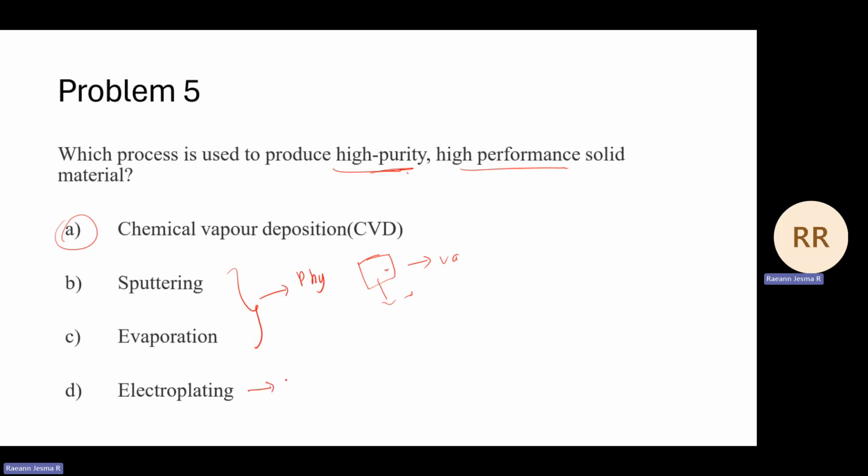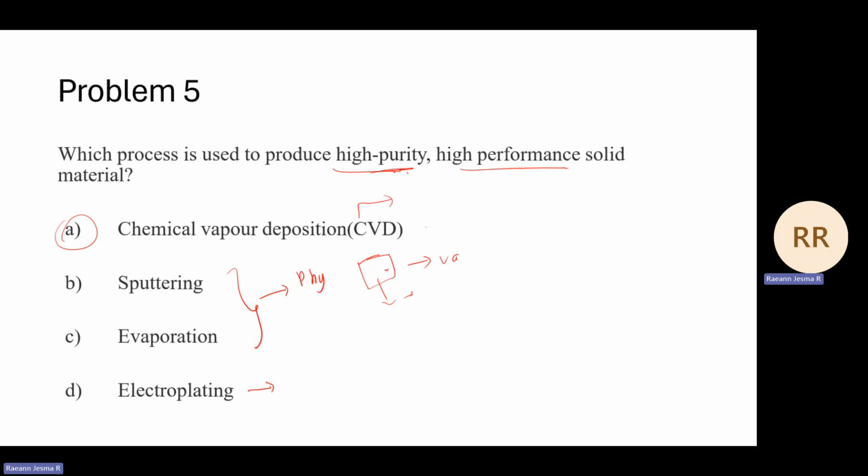In the case of electroplating also, you need to have very high purity material, and there is a chance that something else may also get deposited. In the case of chemical vapor deposition, you are reacting two gases in order to get a particular deposition. You can do distillation of the gases as well in order to purify them.